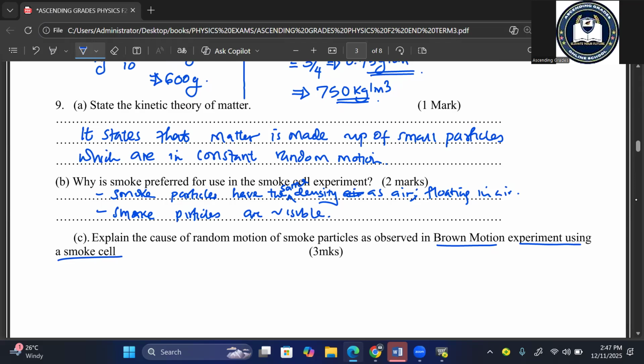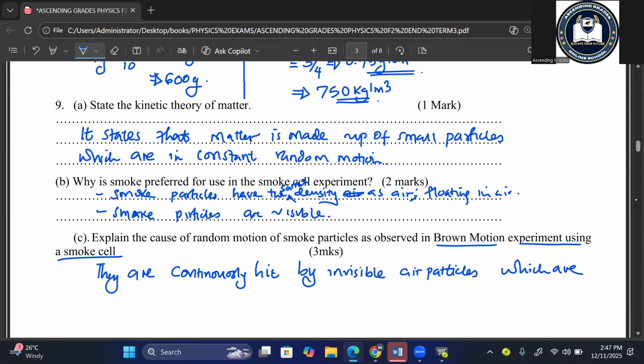You can say they are continuously hit by invisible air particles which are in continuous random motion.